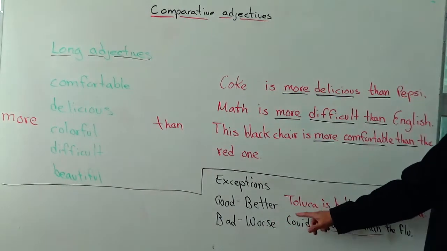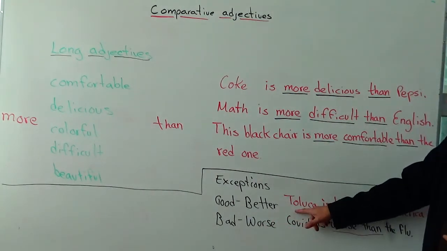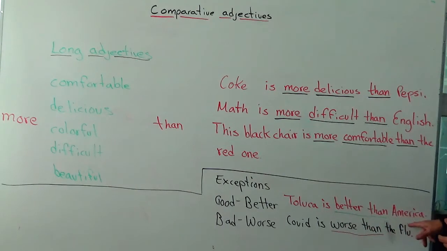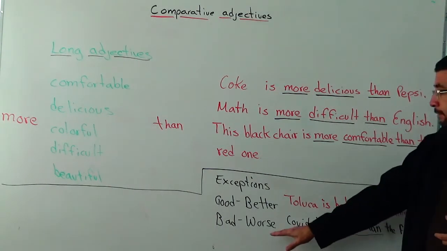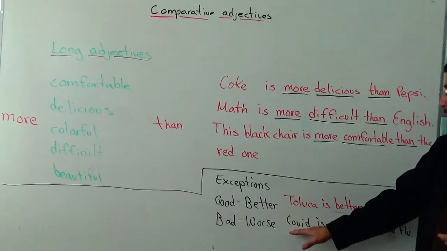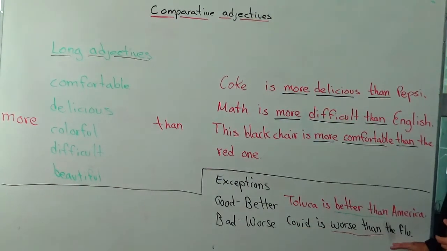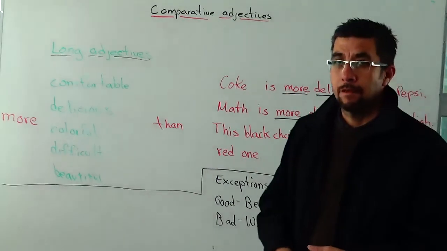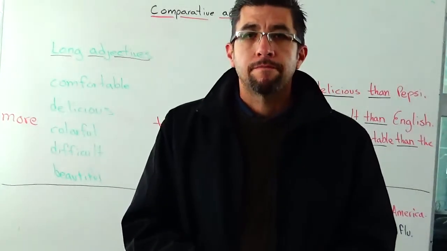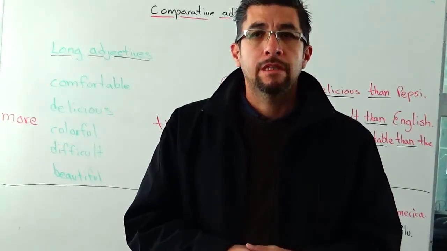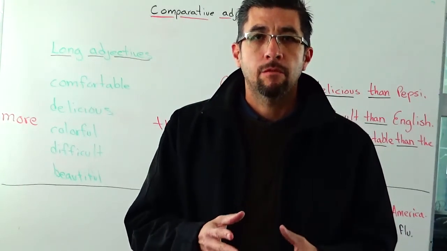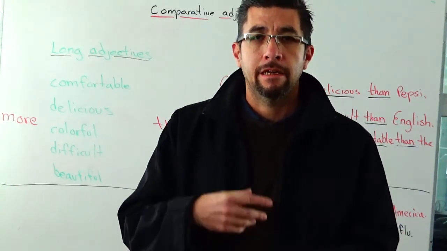So, talking about football, we say that Toluca is better than America. And about illnesses, COVID is worse than the flu. Do you agree? Probably, no? Well, there is one more thing about this. It is the spelling. We're going to check it in the next section.